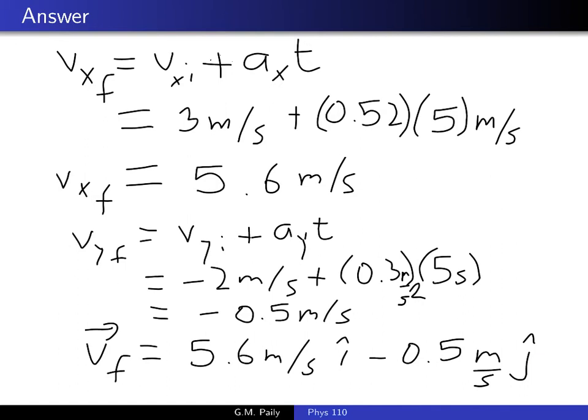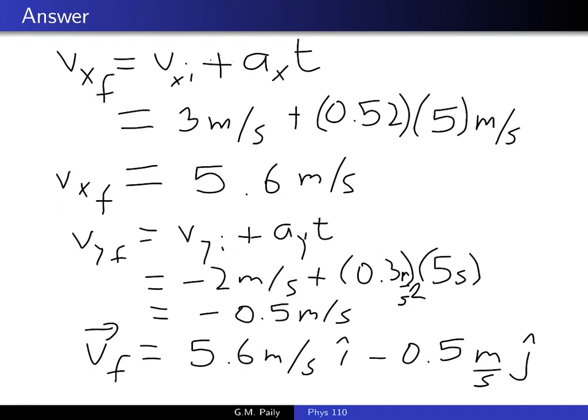If we are using i hat and j hat, we don't need any commas. We just add the various components as long as we keep the i hats and j hats there to keep them distinct. This is the velocity vector. In general, when you are asked for a vector quantity, present your answer in vector format, that is i hat, j hat, k hat, with appropriate components.